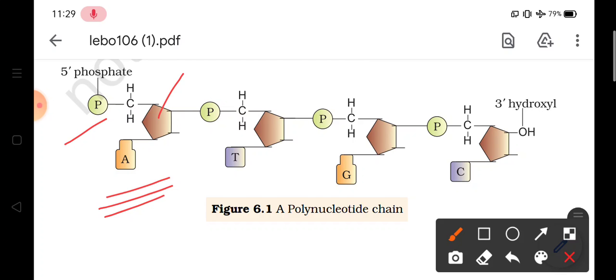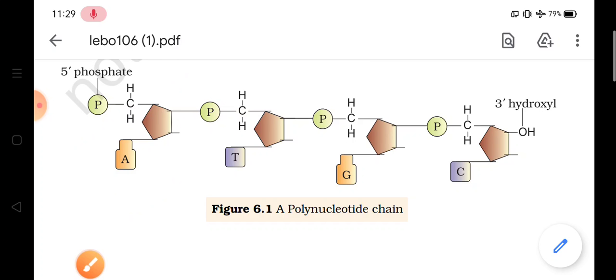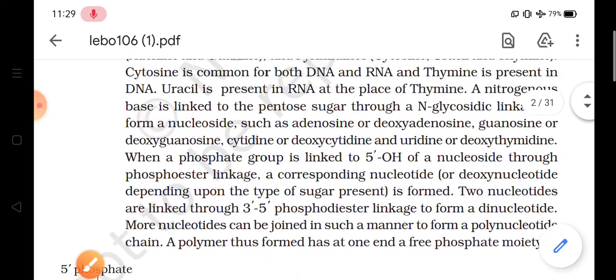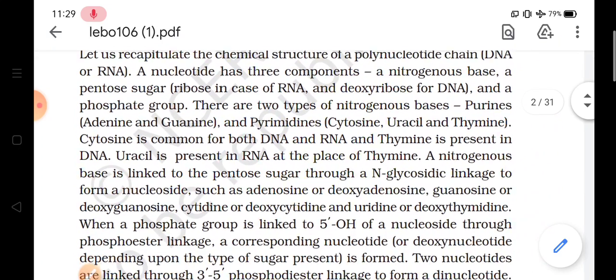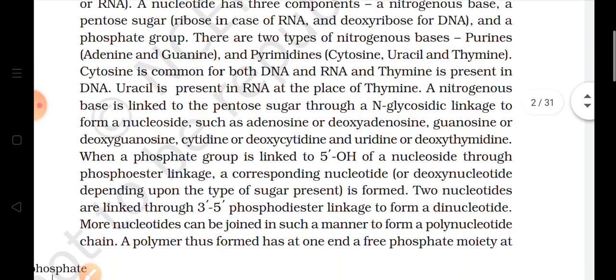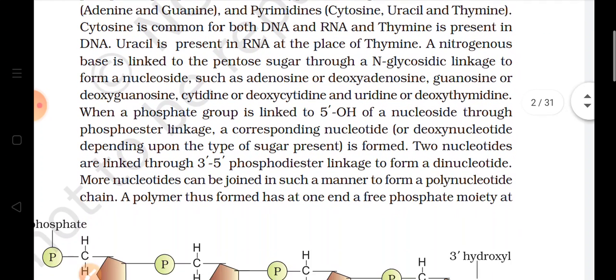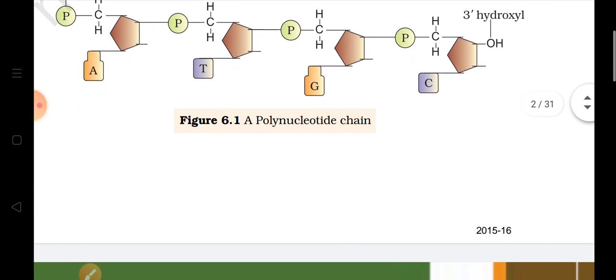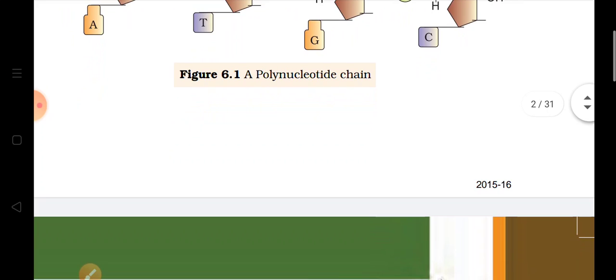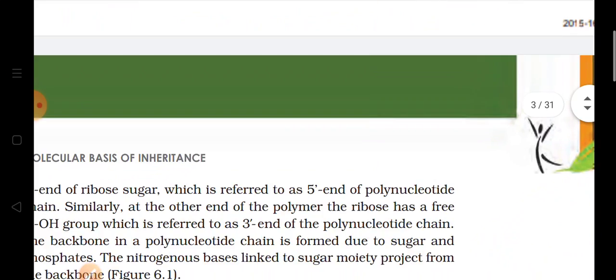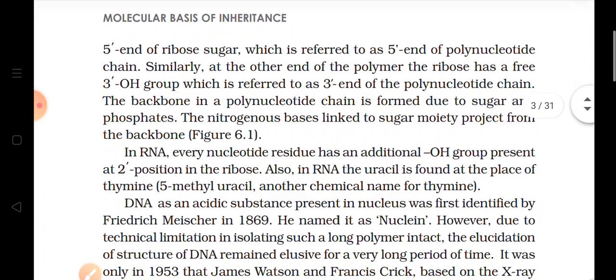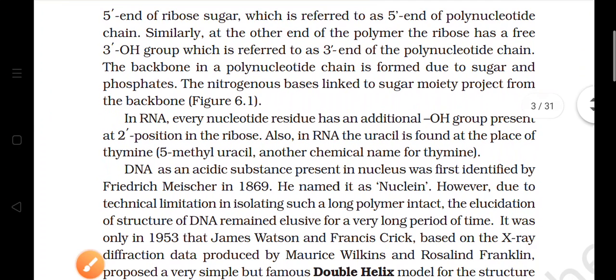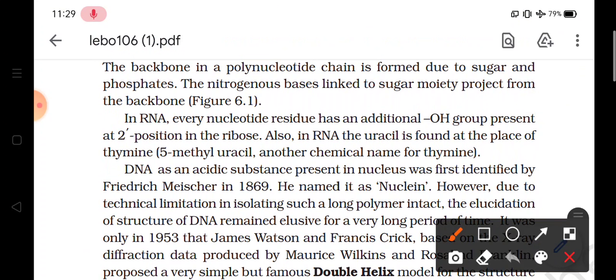Now if we talk about RNA, we have studied that it has a different kind of nitrogenous base, and that is uracil is present in the RNAs. So in RNA, every nucleotide residue has an additional OH group. You have to remember this is the difference between DNA and RNA, that RNA has an additional OH group.